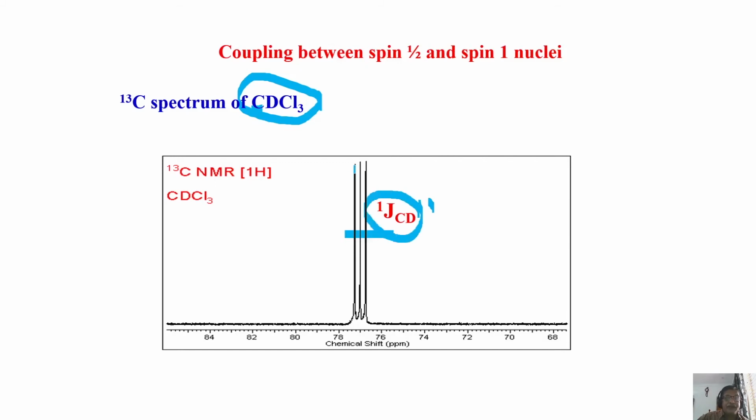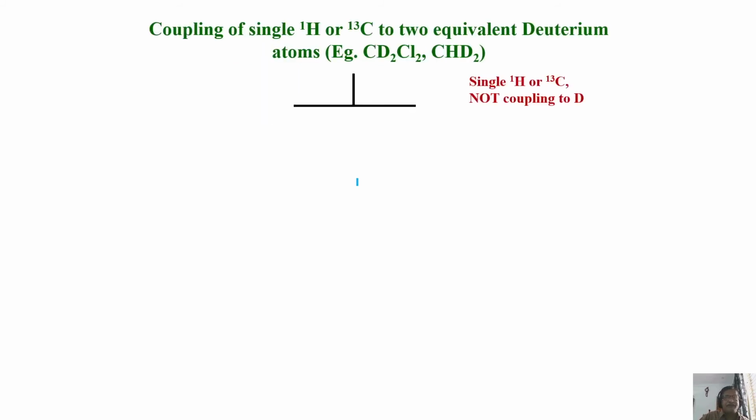You measure the separation between these peaks, and what are you going to get? The carbon-deuterium J coupling, which can be easily measured from the separation of adjacent peaks. So you can very clearly see coupling between spin-half nuclei and spin-1 nuclei.